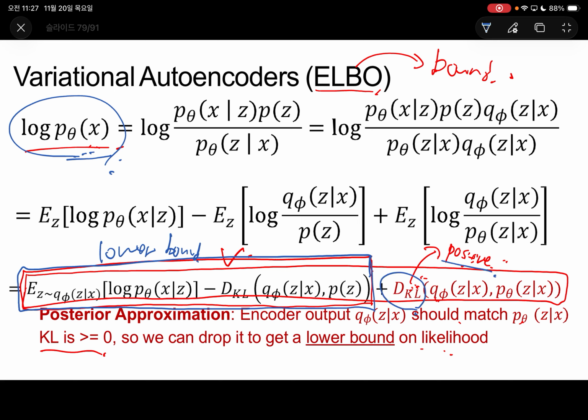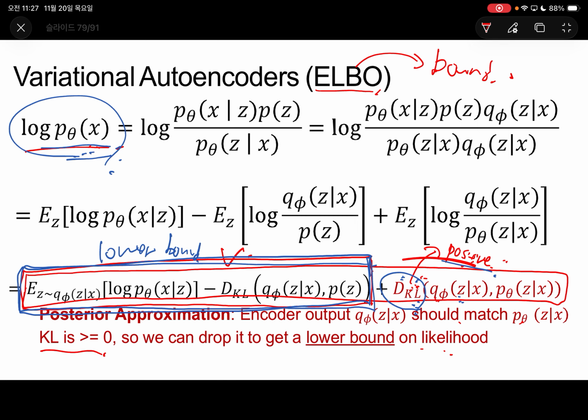We cannot get this accurately, perfectly, but we know this is positive. So in the worst case, this might be 0. In a good case, this might be some positive number, so that we can get a lower bound of P theta(x). The lower bound is this one, right? It is minimal when this one is 0, so that we can get a lower bound.